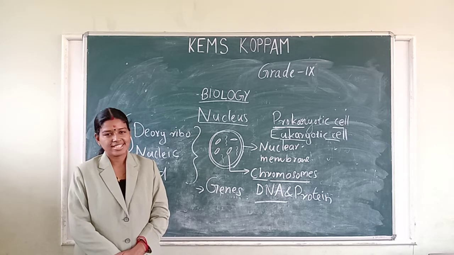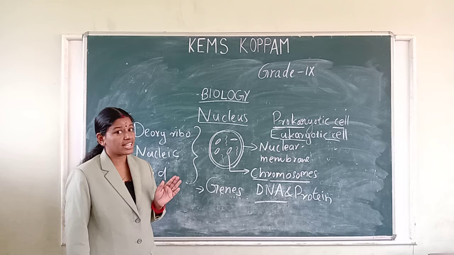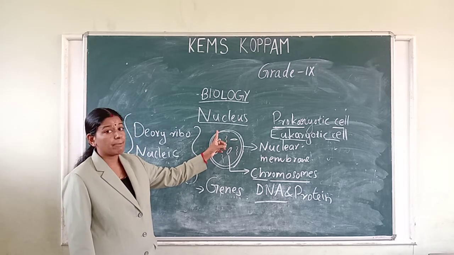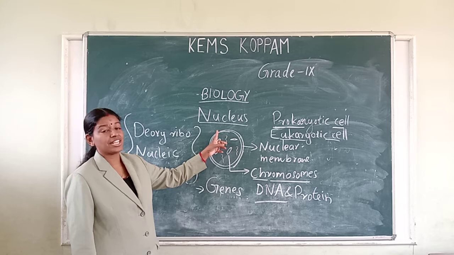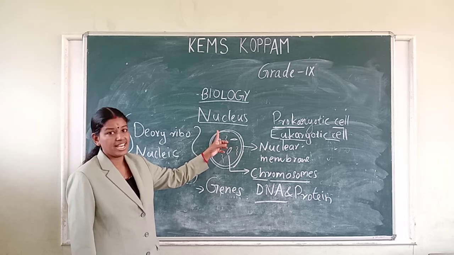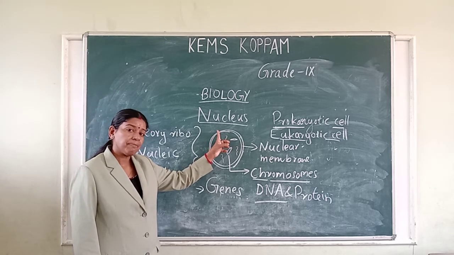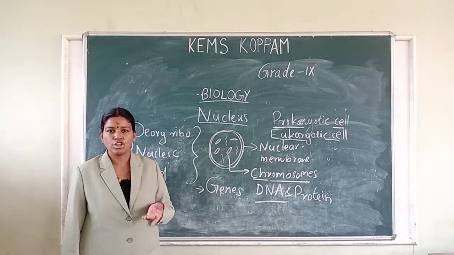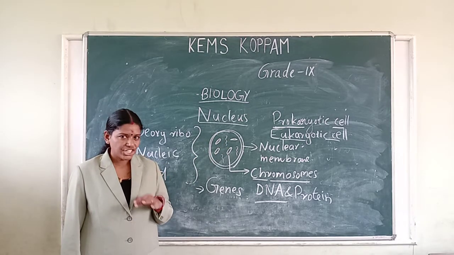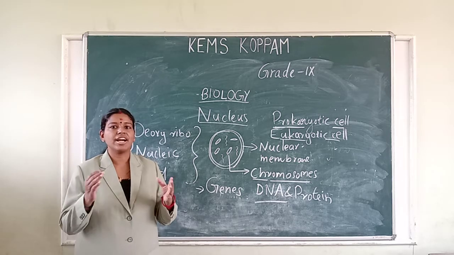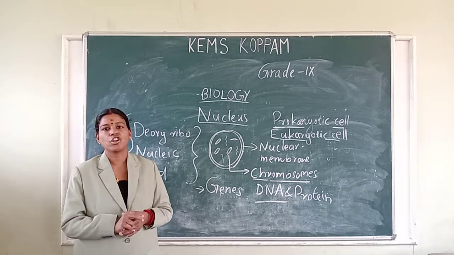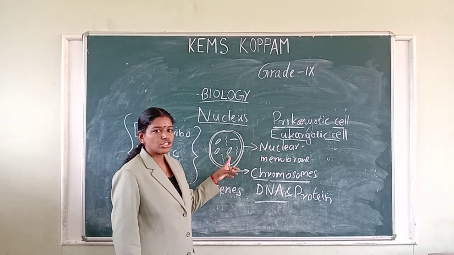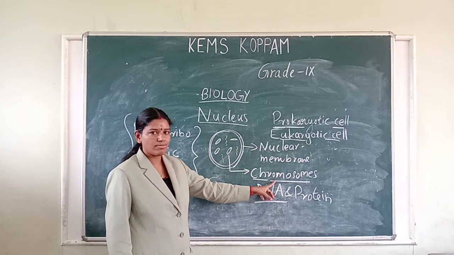So what all things did we study about the nucleus? The nucleus is a central major part of the cell. It controls all the activities. It is responsible for cell reproduction or cell division. The cell divides and forms a new cell. Now it has rod-shaped structures called chromosomes.